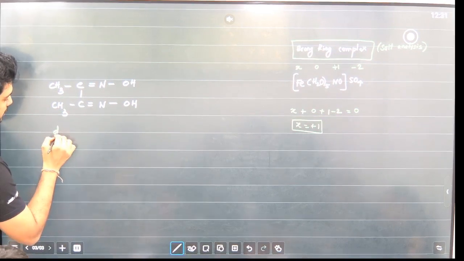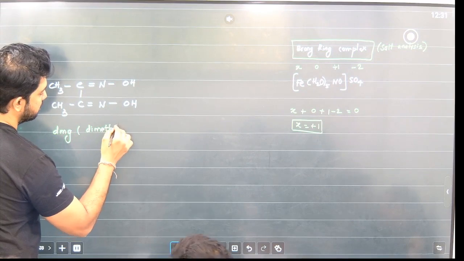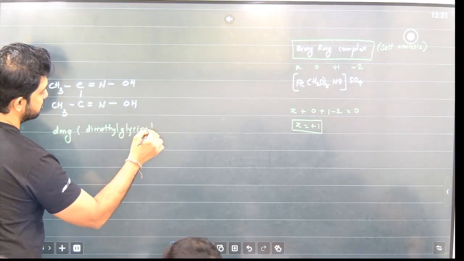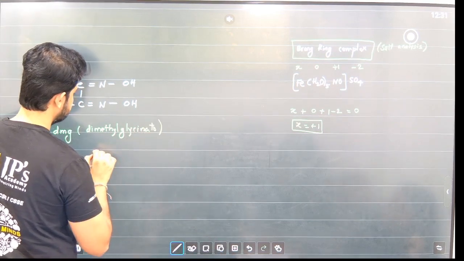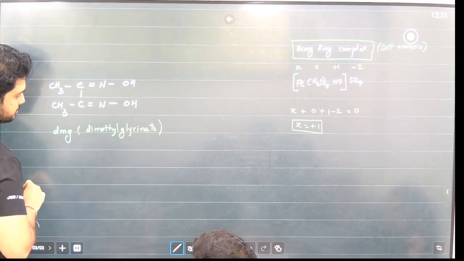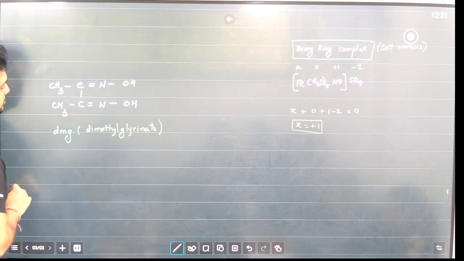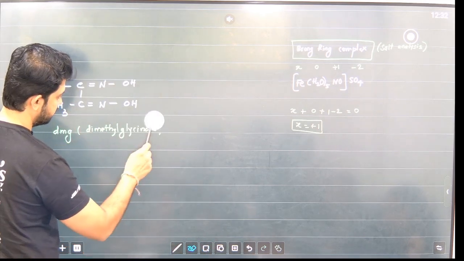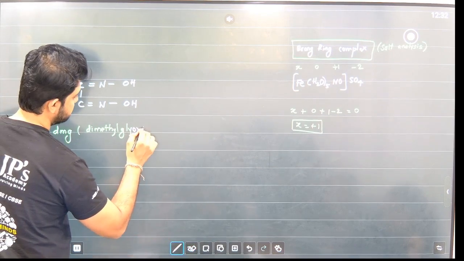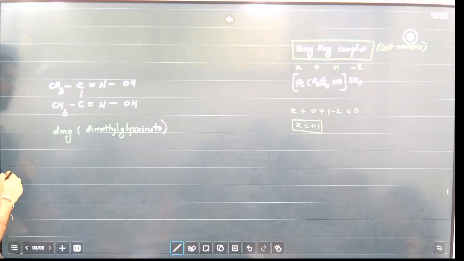This is called DMG, dimethylglyoxime. It is a bidentate and it is neutral.